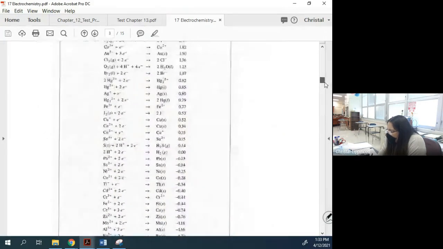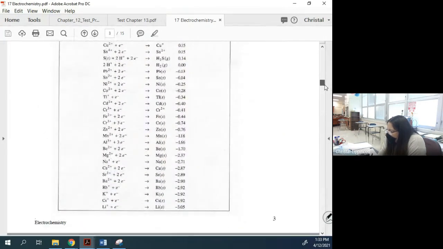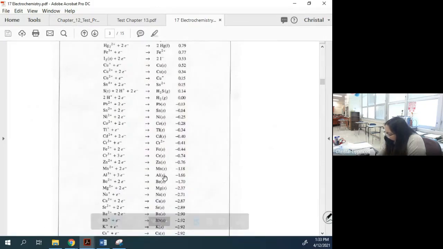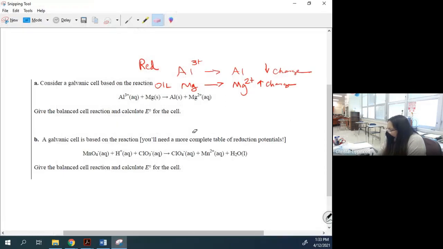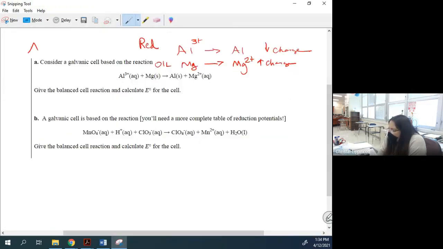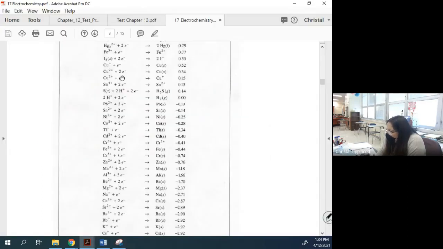We're going to find our aluminum on this chart. I think this one might be easier to read. Aluminum's here, so that's a negative 1.66.